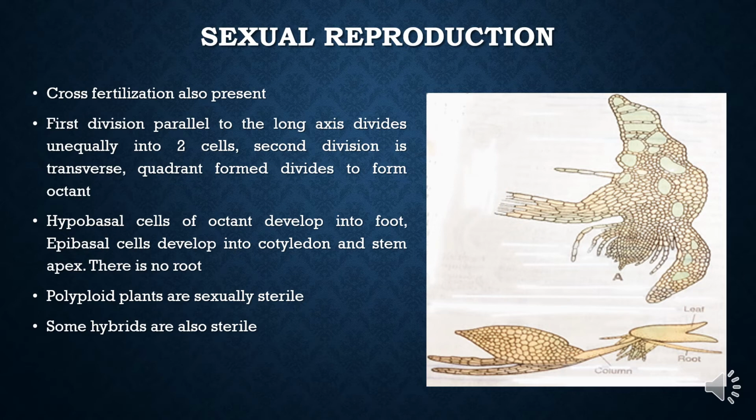The zygote is a single cell, formed from the egg and the sperm gametes, diploid in nature, so it undergoes division into an epibasal and a hypobasal cell.